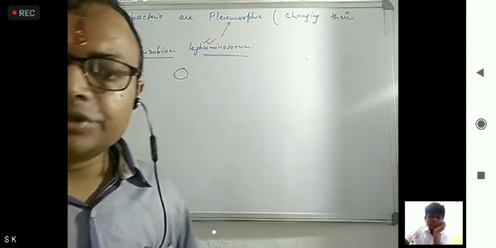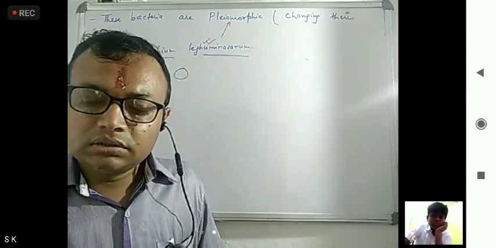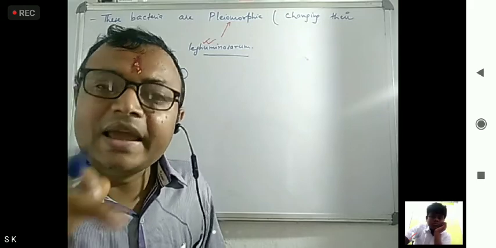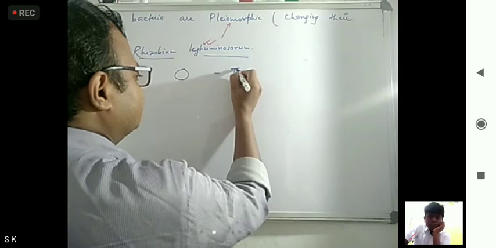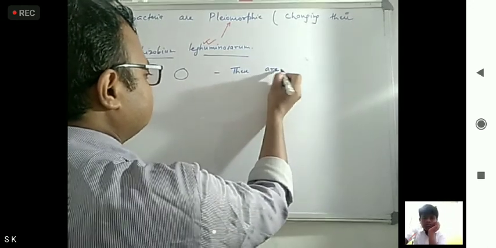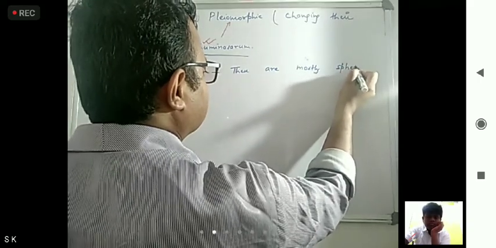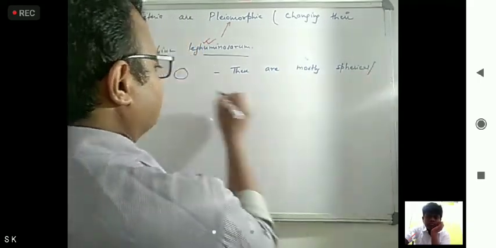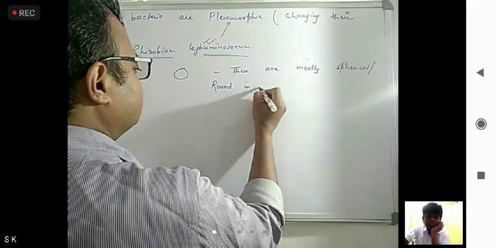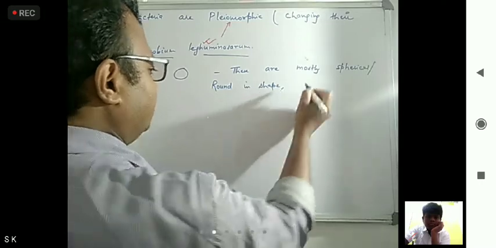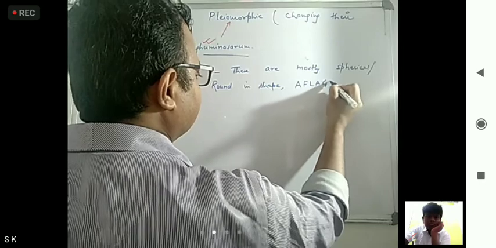So these are mostly spherical or round in shape. Aflagellated means they don't have any flagella. Okay, then aflagellate, they don't contain flagella.